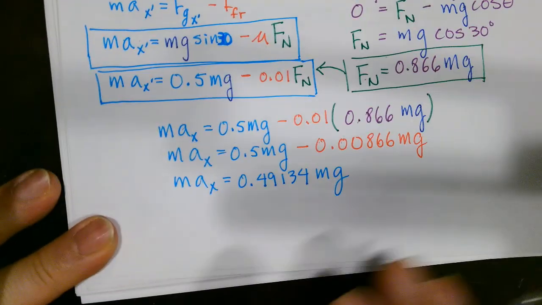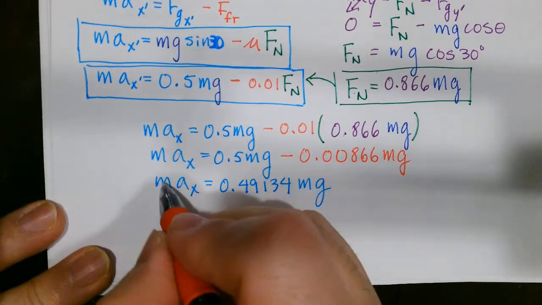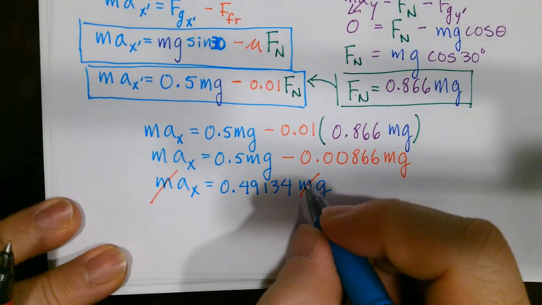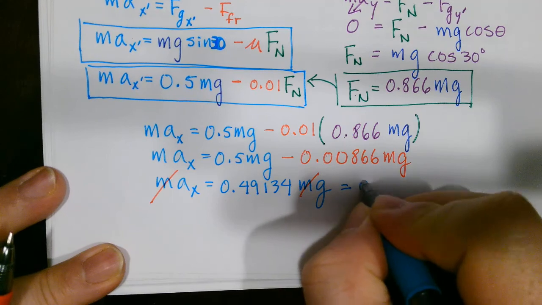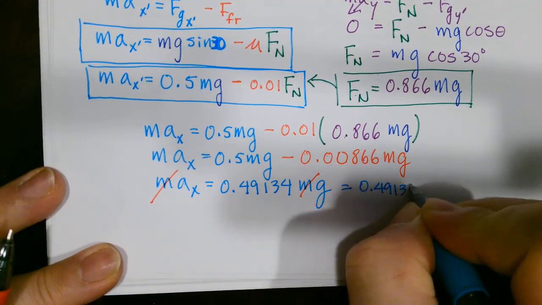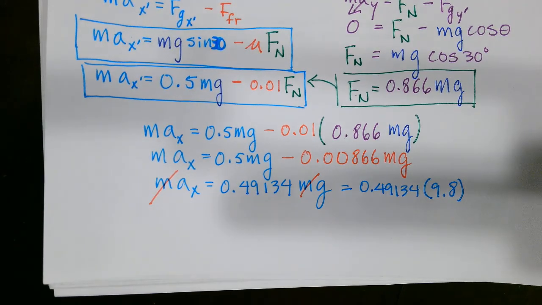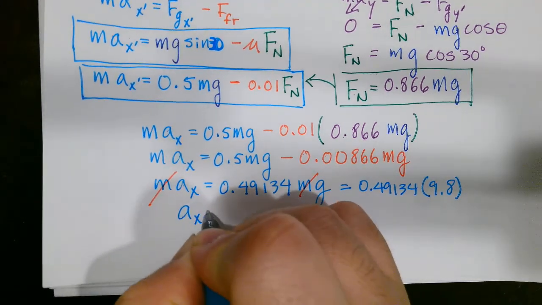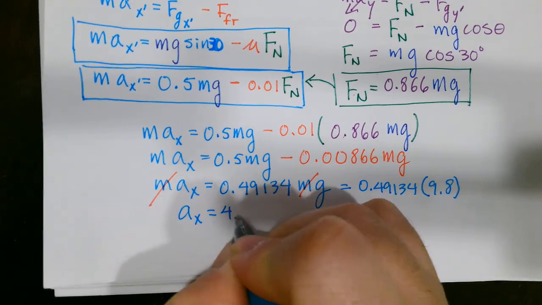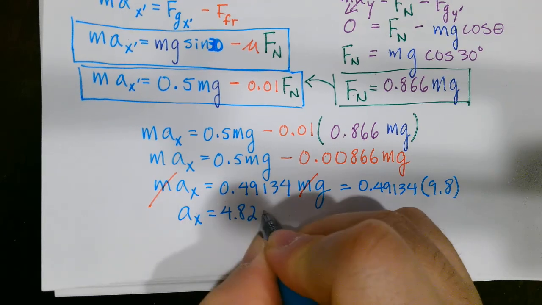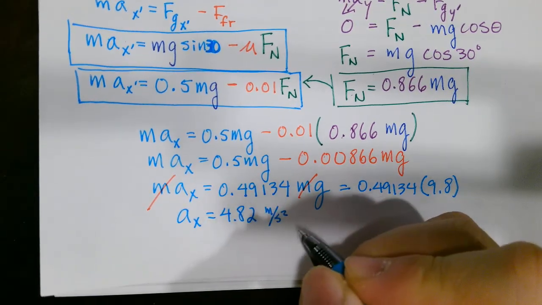It doesn't matter what the mass of the skier is because my masses can cancel out to 1. So my acceleration in the x direction is equal to 0.49134 times 9.8. My acceleration in the x direction comes out to 4.82 meters per second squared.